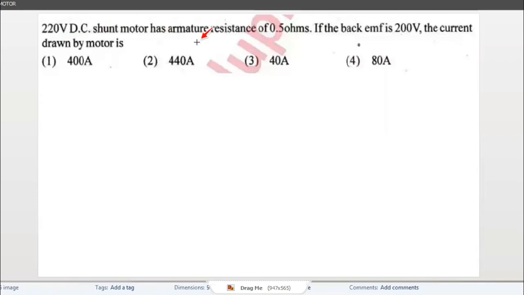A 220 volts DC shunt motor has an armature resistance of 0.5 ohm. If the back EMF is 200 volts, the current drawn by the motor is.